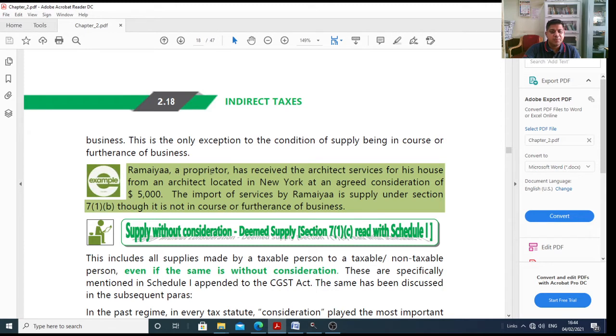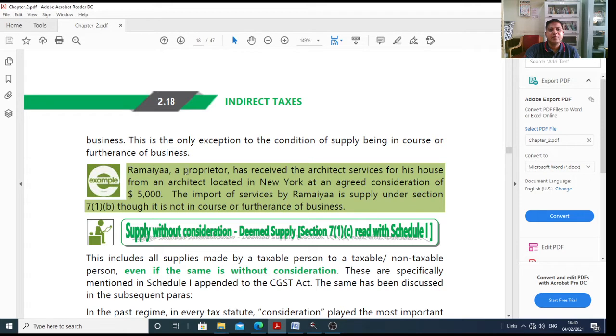Ramaya, a proprietor, has received architect services for his house from an architect located in New York at an agreed consideration of $5,000. The import of the service by Ramaya is a supply.